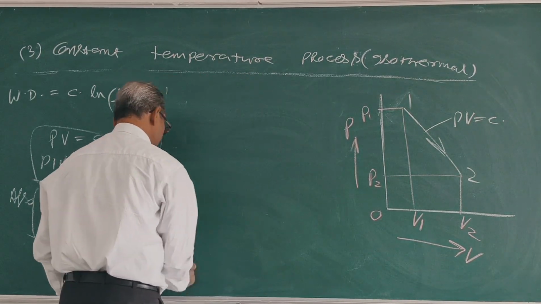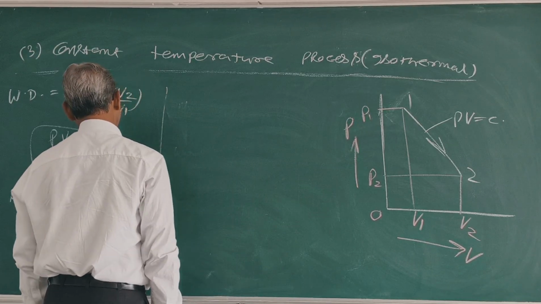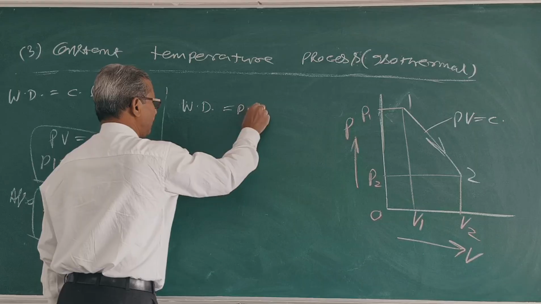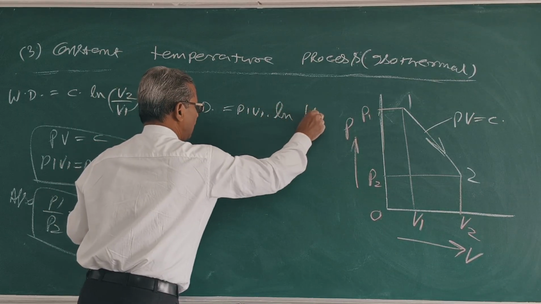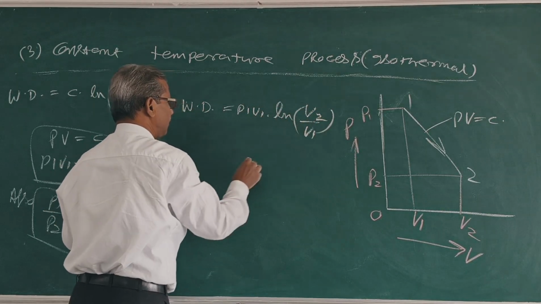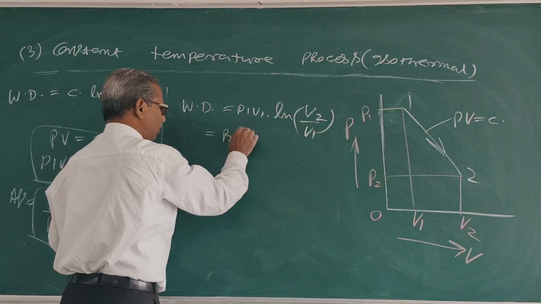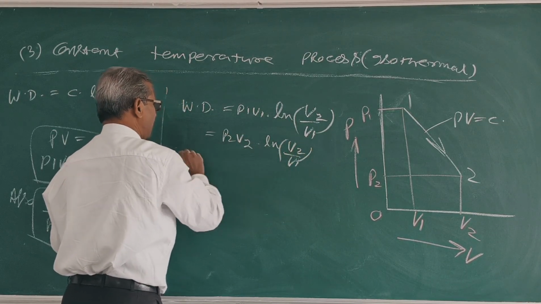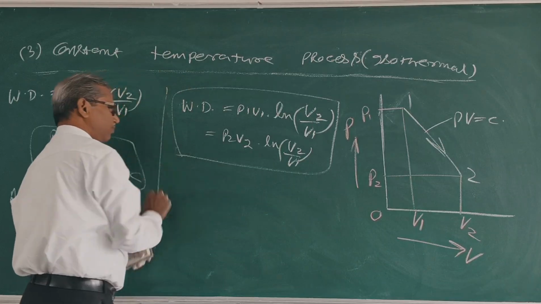Now, what is work done equal to? P1 V1 ln V2 by V1, or P2 V2 ln V2 by V1. This is the formula for work done. Clear?